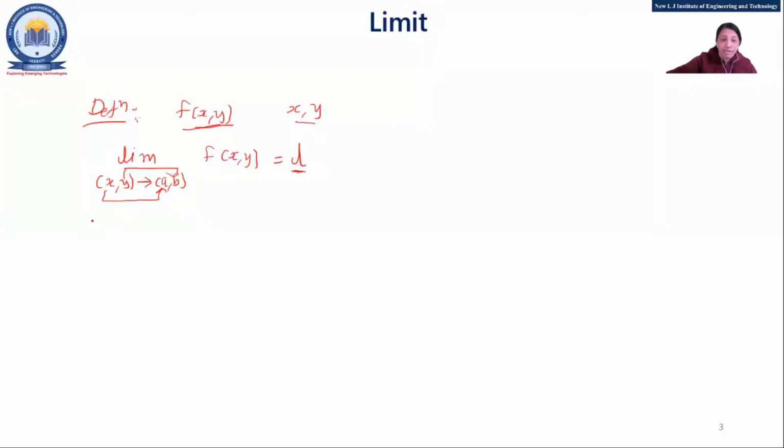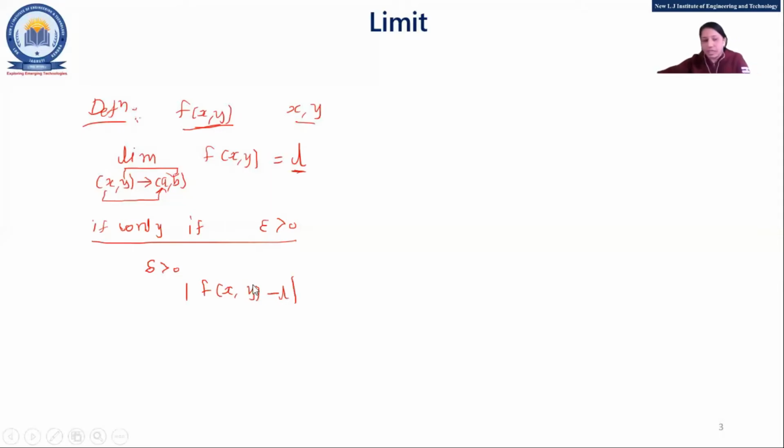If and only if some conditions are there, if and only if you have a number epsilon that is greater than 0, then you will have one delta which is also greater than 0, such that the modulus of f of xy minus L is less than epsilon.